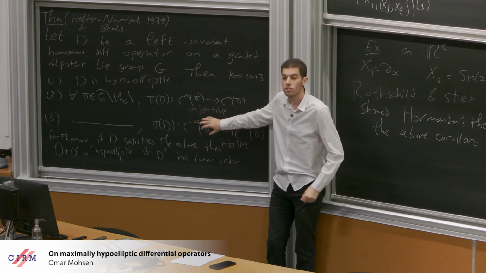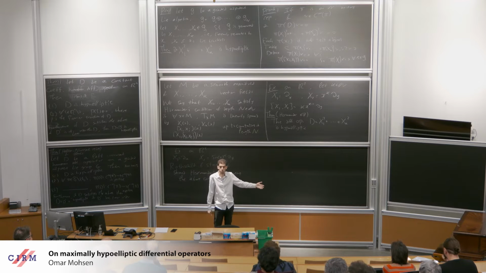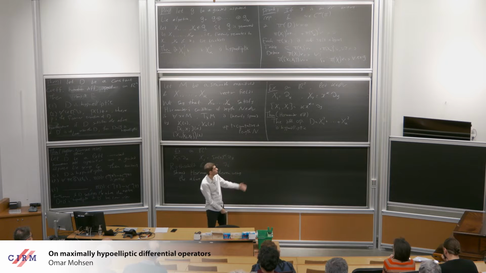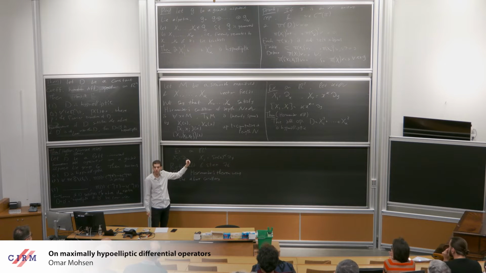Then they conjecture that the exact same formula on any smooth manifold will again give you a hypoelliptic differential operator. So this implication, corollary to theorem, would work for any polynomial, not just the sum of squares.